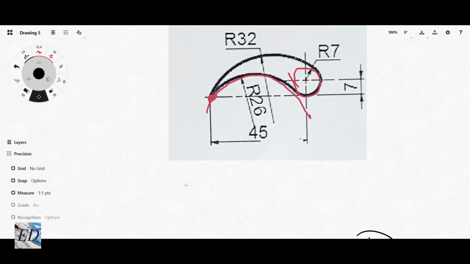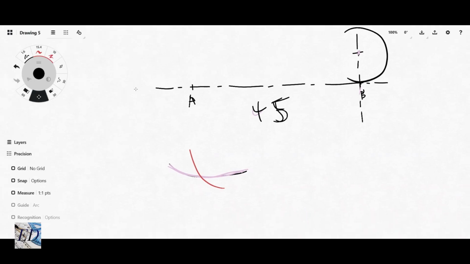And then you draw an arc through to touch it here. That gives you the first arc from the line, right?